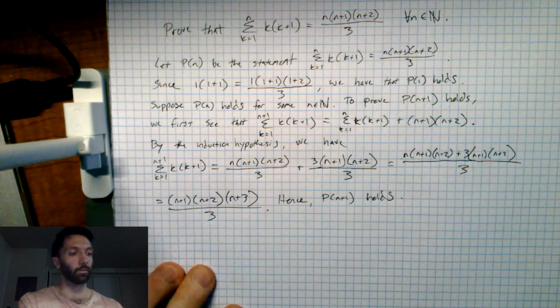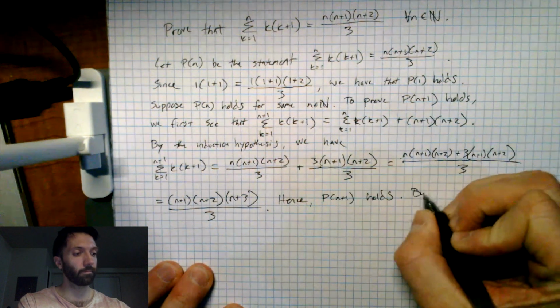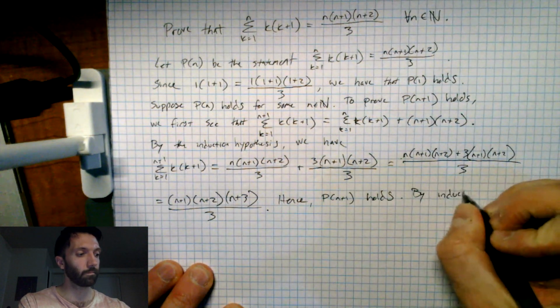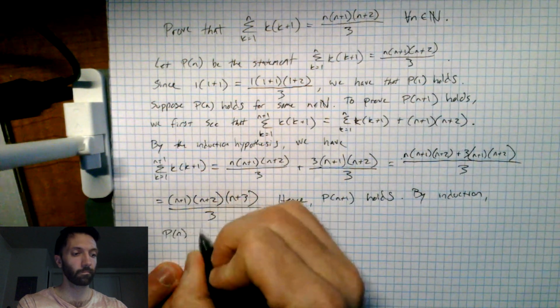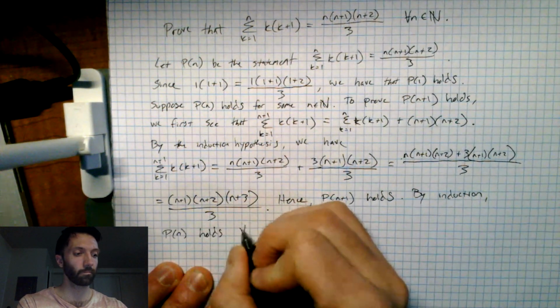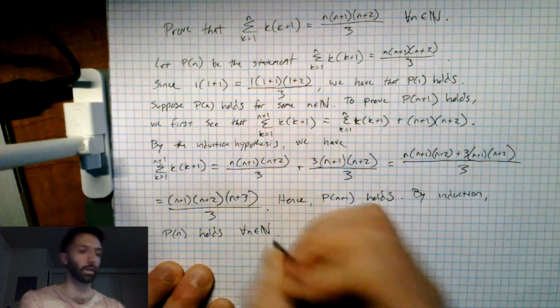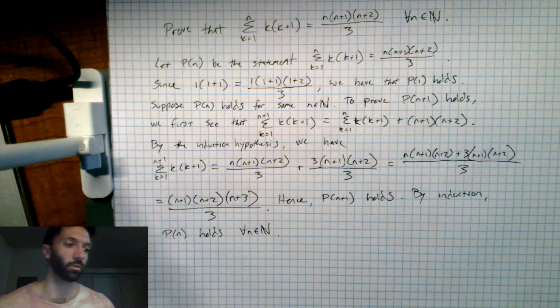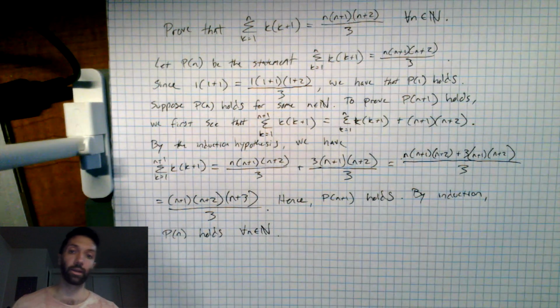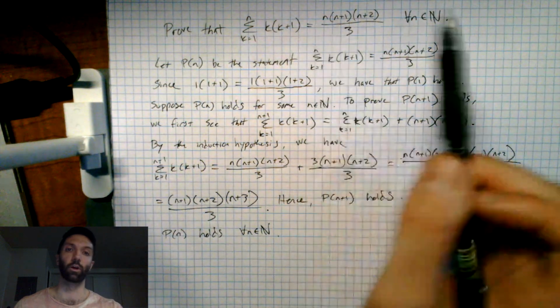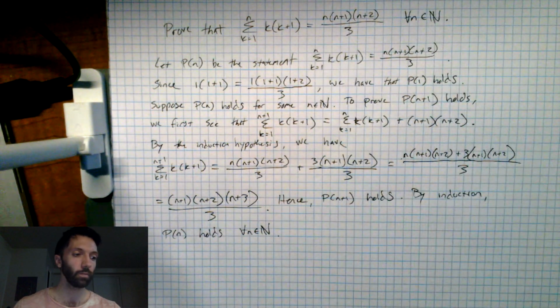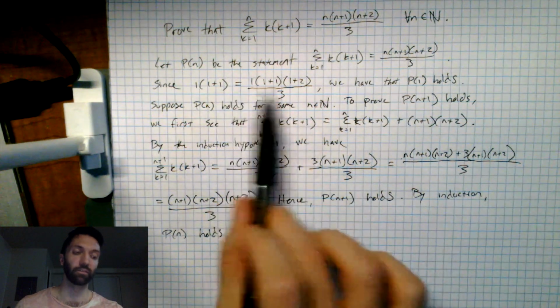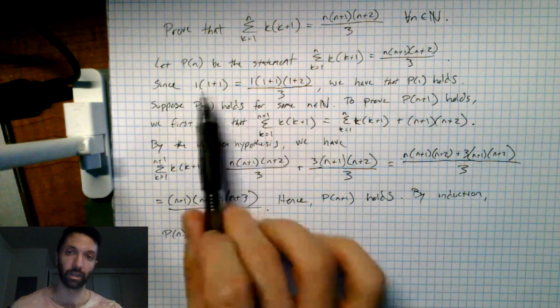And so now we can conclude that p of n will hold for all numbers that are natural numbers. And the reason we're allowed to conclude this is because of the fact that we proved the base case.